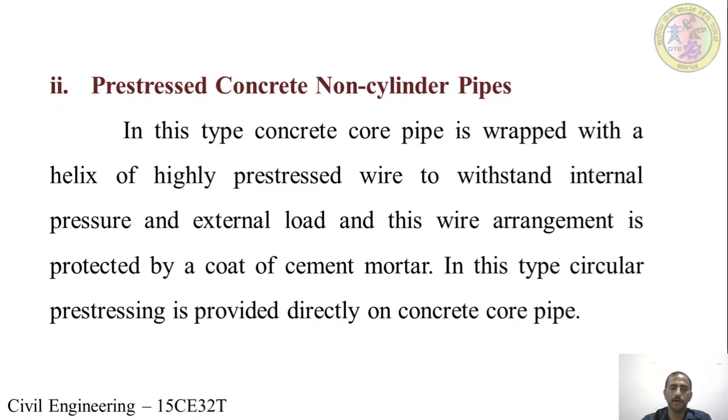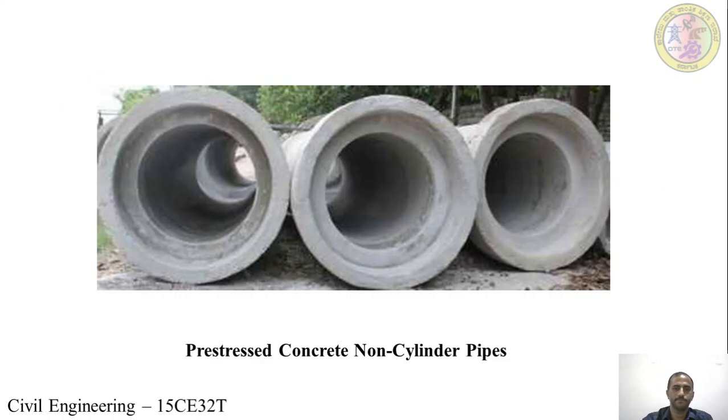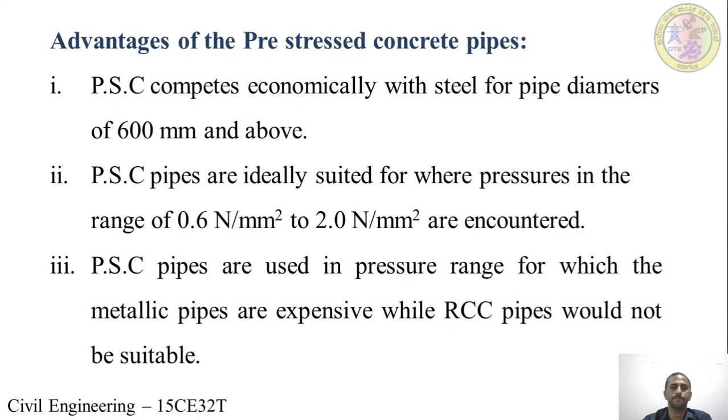The inner concrete core is wrapped by a helix of highly stressed steel wires. These steel wires are protected by a coat of cement mortar. See image of the pre-stressed concrete non-cylinder pipes.